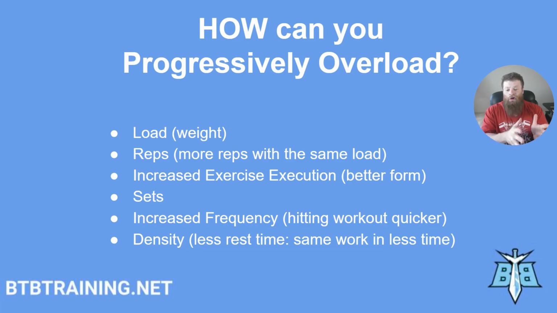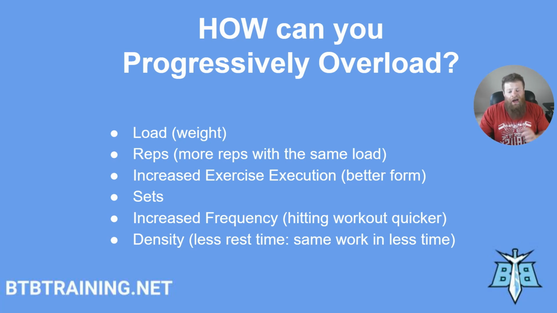And by increasing the frequency and getting one less rest day in between the workouts, you're getting more workouts in over the course of a week, a month, a year, which will create a net progressive overload stimulus at the end of any particular period of time.